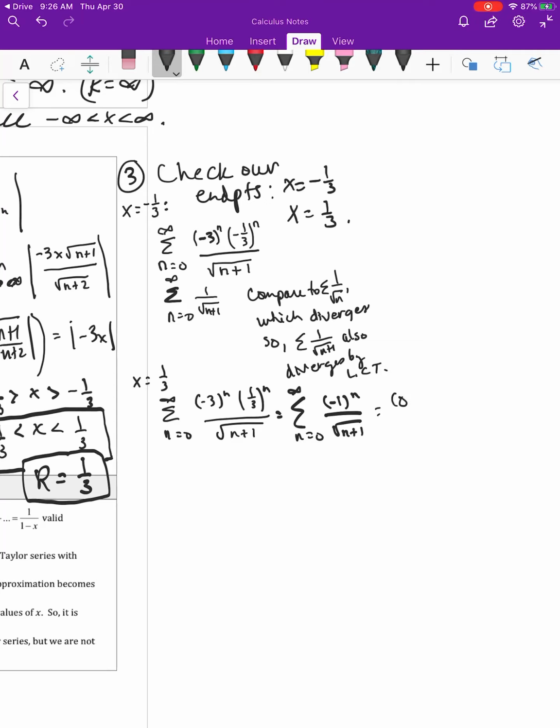So this one's going to be an alternating series test, and it actually converges by the alternating series test.